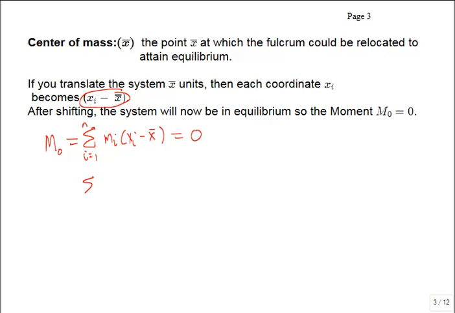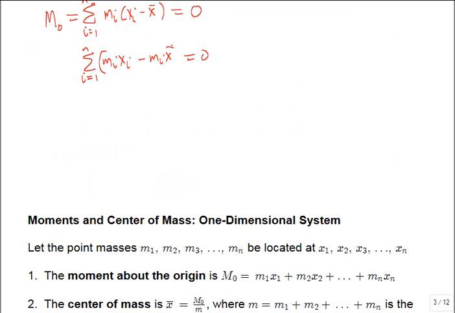So if we distribute our m sub i across, we get m sub i x sub i minus m sub i x bar. And what I'm going to do now is separate this sum into two different sums. So the sum of the m sub i x sub i's minus the sum of the m sub i x bar.